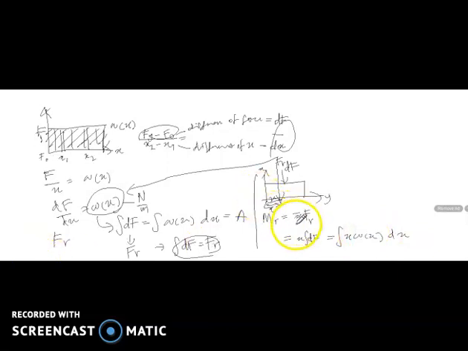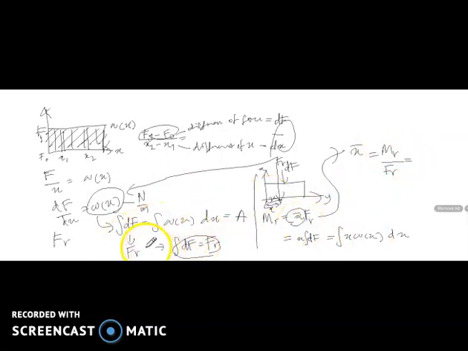If you want to find x bar, it is equal to M resultant divided by F resultant. So replace these two values with the equations here and here.